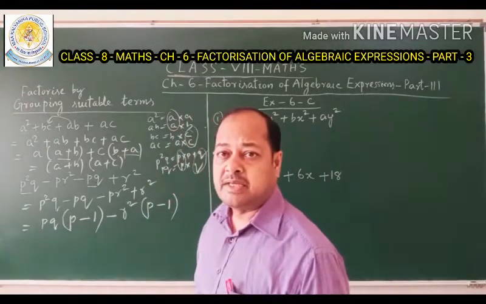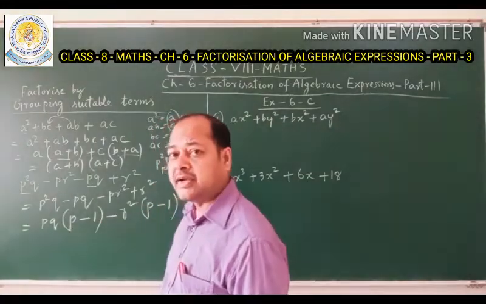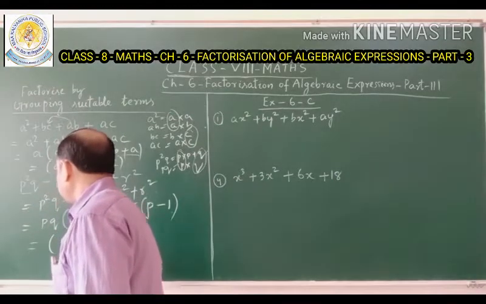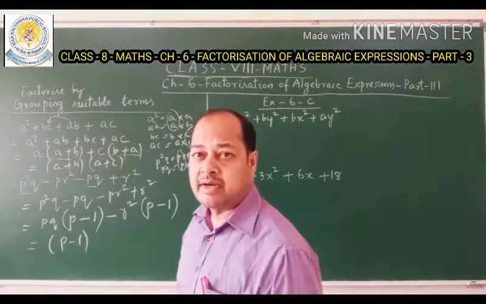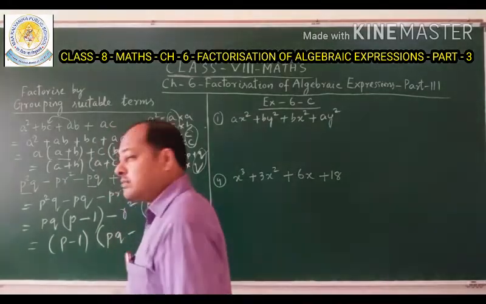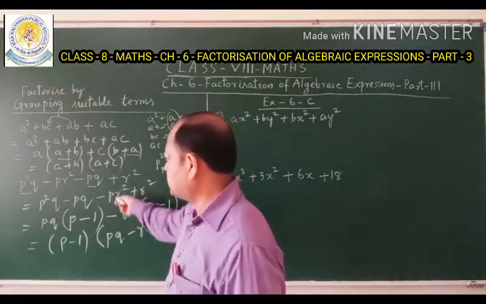So now it is p minus 1, a binomial factor. The common binomial factor is p minus 1. So (p minus 1) is one factor, and (pq minus r square) is the other factor. This is the solution of this rearrangement.